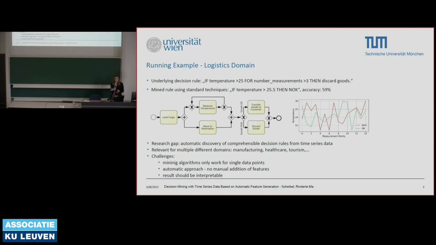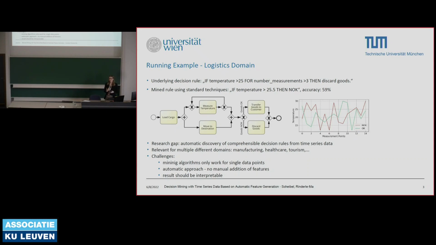The challenges here already mentioned. So currently decision trees or decision mining techniques in general cannot work with time series data as a whole. Also, there is one approach already in literature where the authors wanted to combine decision mining and time series data.